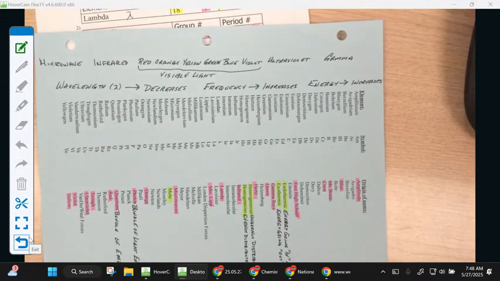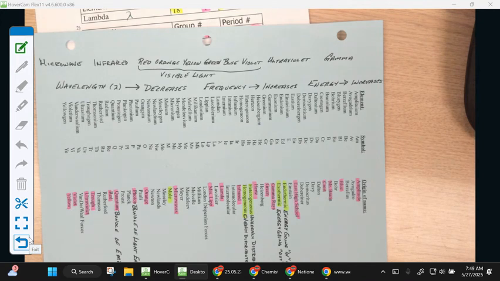I asked you to label microwave, infrared, red, orange, yellow, green, blue, violet, ultraviolet, and gamma. Those are the only ones that are on your blue sheet. I left off radio and TV. I left off X-rays. By the way, you ain't got time to copy this now. It's on the back table in the back. You can copy it or take a picture of it before you leave. I'm not leaving it up there because I've already done this.